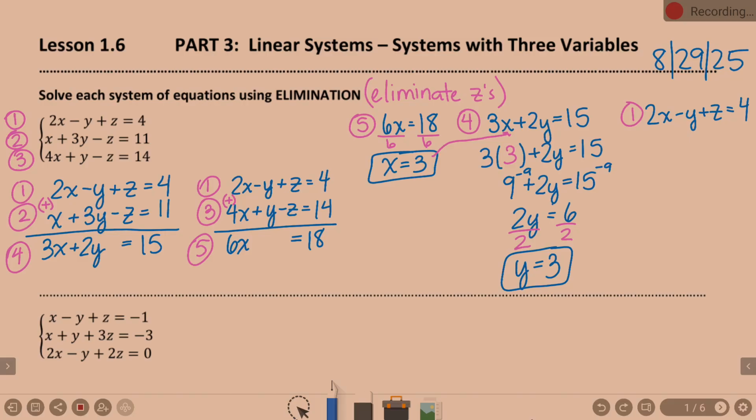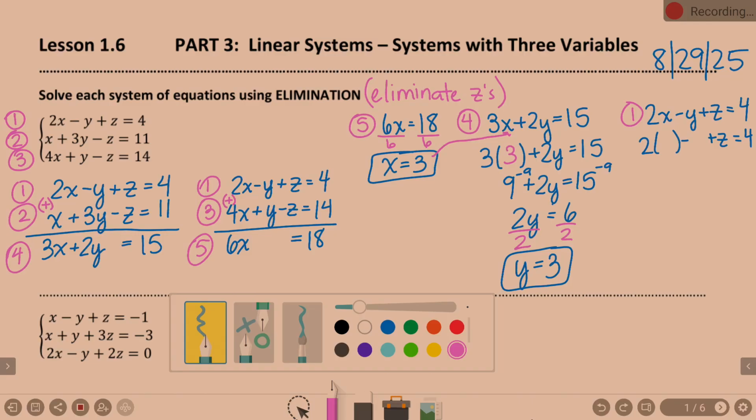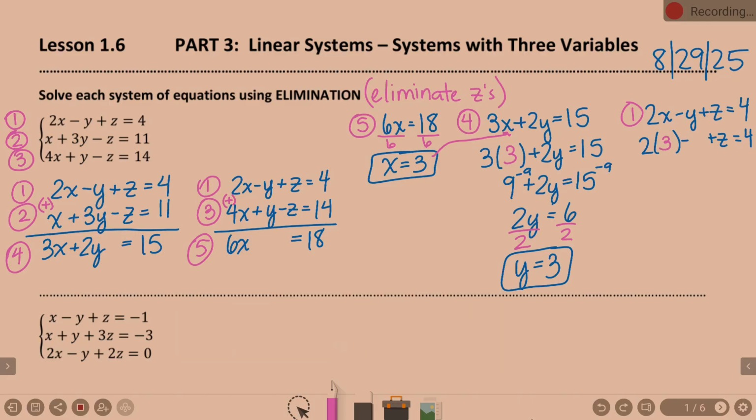So let's see, what do we know? 2 times x, which is 2 times 3, minus y, which is minus 3, plus z equals 4. So I filled in 2 times 3, minus 3, plus z equals 4.